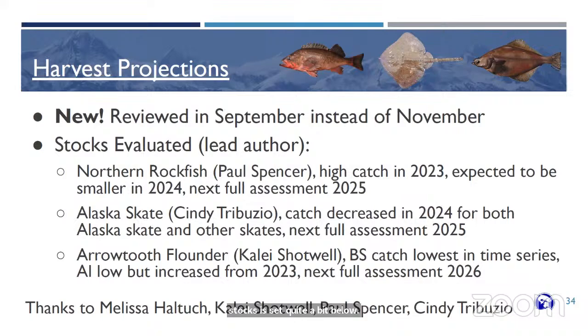This is some of the reason why some of these stocks, at least ones like arrowtooth flounder, are on a 4-year cycle, because there's less of a concern that they're going to go over the ABC. So I'm not sure TAC is really the right metric to look at, because it's set far below ABC in many cases.